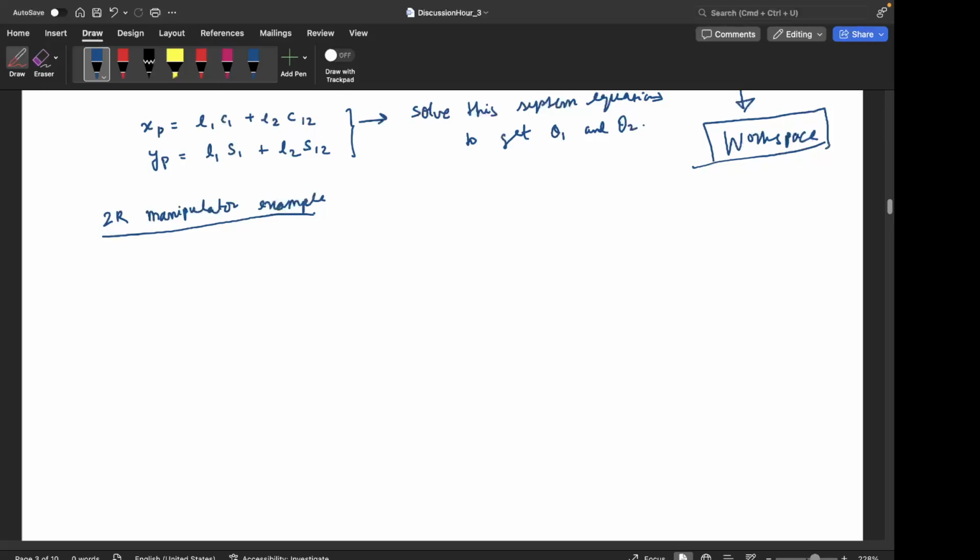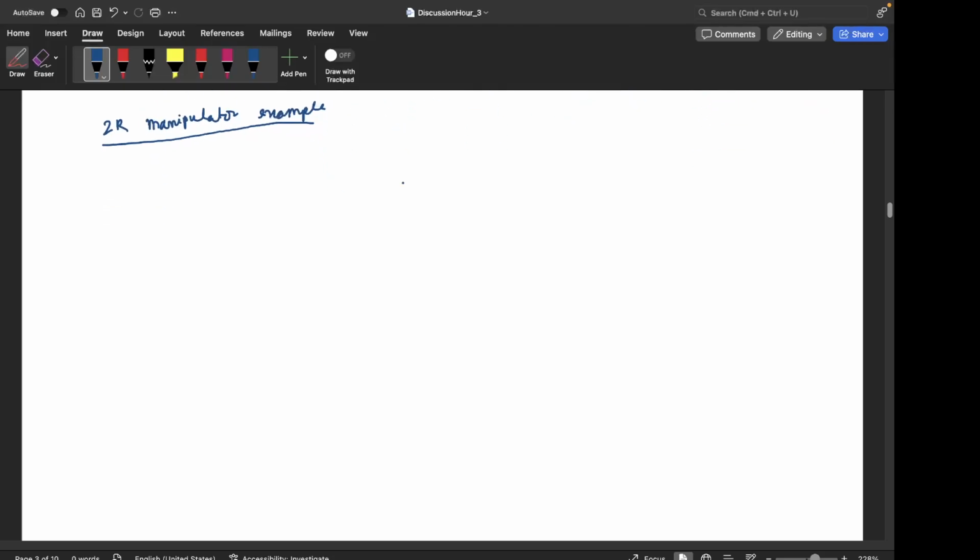But that's not the case for the inverse kinematics problem. So what we will see here is for the 2R manipulator, and that can be extended to other serial manipulators, but it's not a standard thing which is applicable for all types of manipulators that you will encounter.